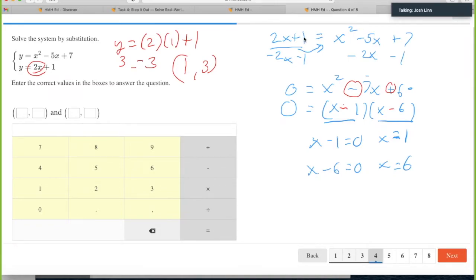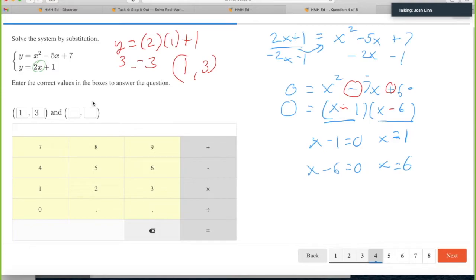Let me make sure that it's right. 1, 3. Our second point, we're going to plug in our x equals 6 right here.